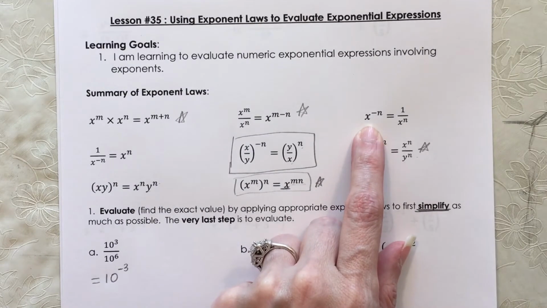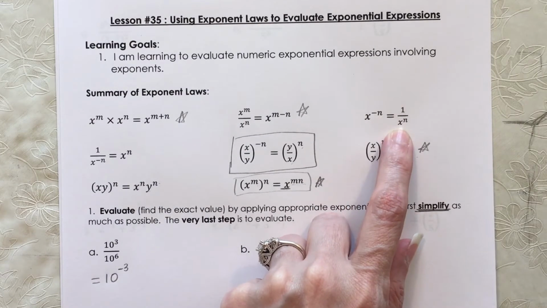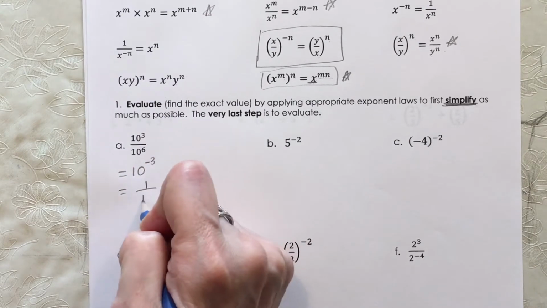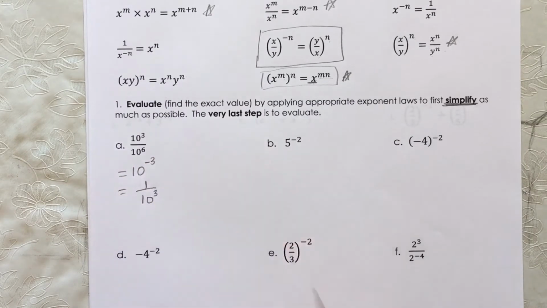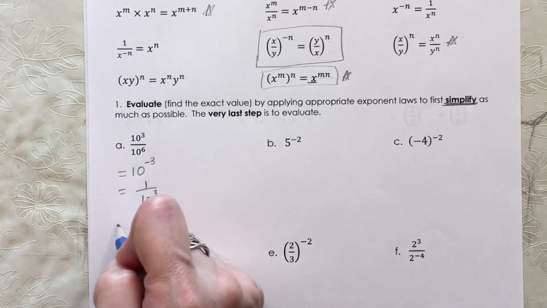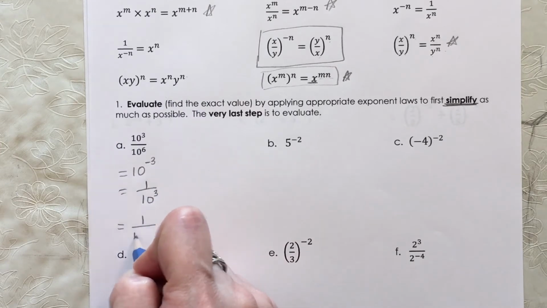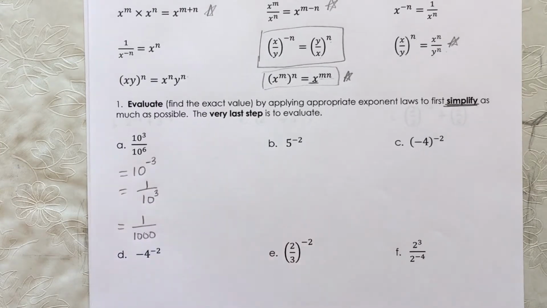When I have a number to a negative exponent, it's the same as 1 over that number to the positive exponent. So now I've used two rules. And now I can evaluate 10 cubed. I know that's 1,000. If I had to use my calculator to figure out 10 cubed, that's when I would use my calculator. Okay?